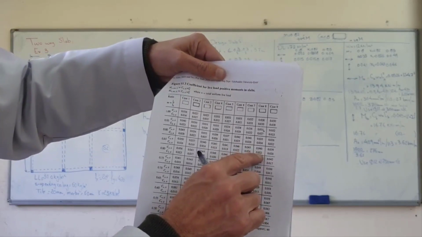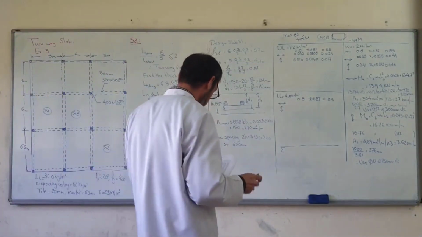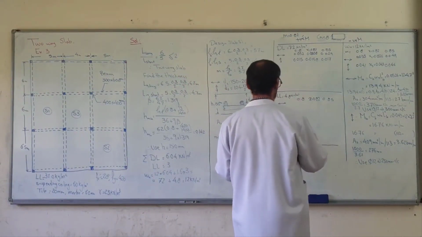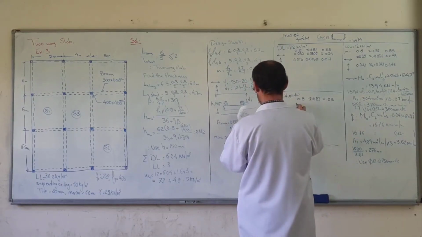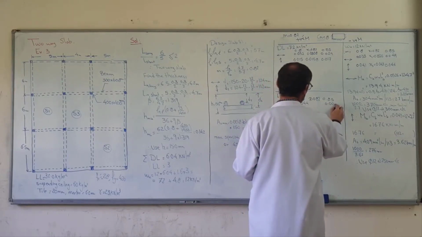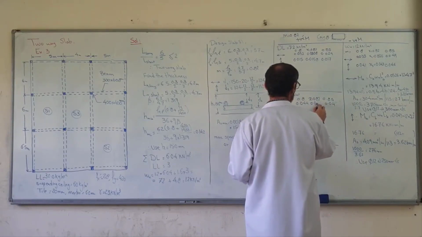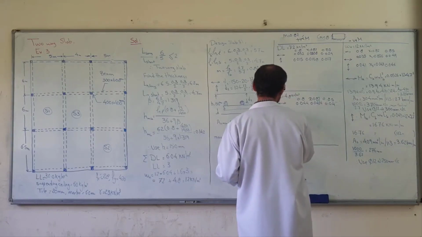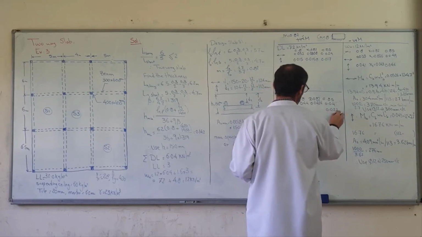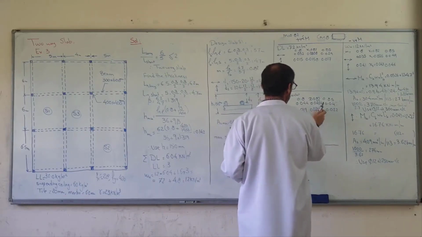We found also for 0.8 and 0.85 the values in between, for the short direction, and after interpolation we found these values.